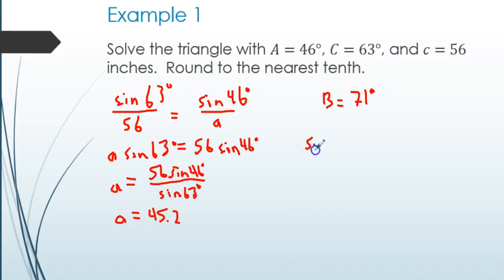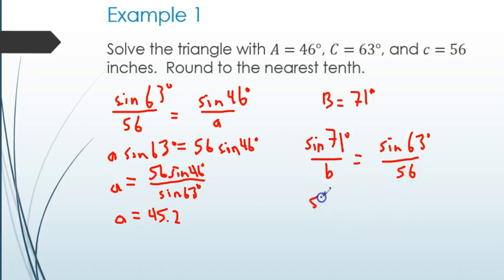So I'm going to say sine of 71, and we don't know side B, we're going to look for that one. And then again, I want to use the one that we have very accurate numbers for, so I'm going to use the C values. So again, cross multiply on this.